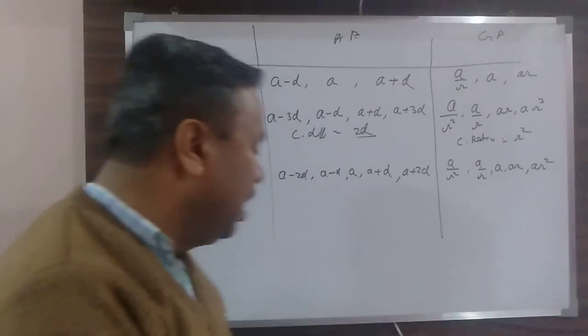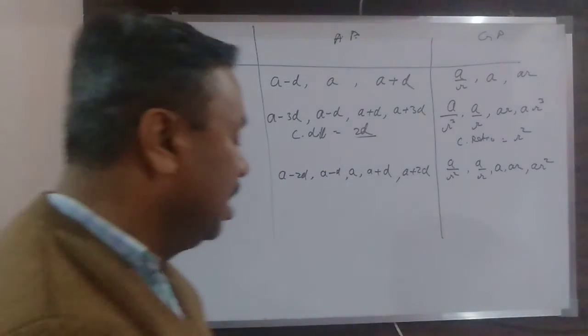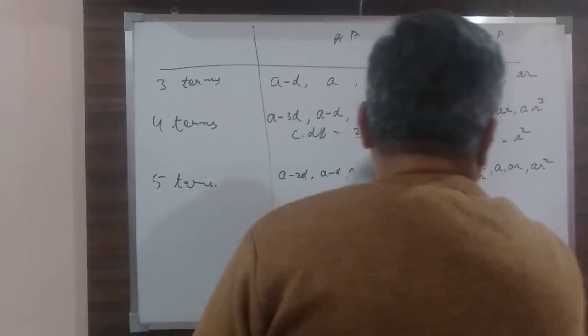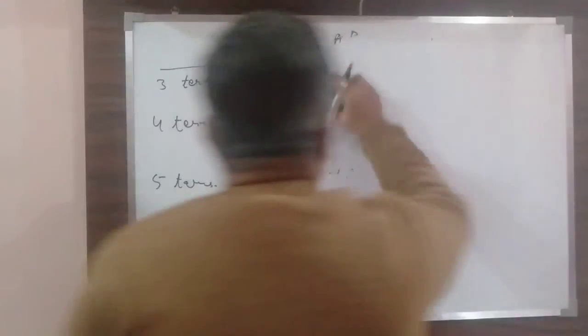Okay, now just take one example for such type of question. Suppose that product of 3 numbers in a GP is 216.